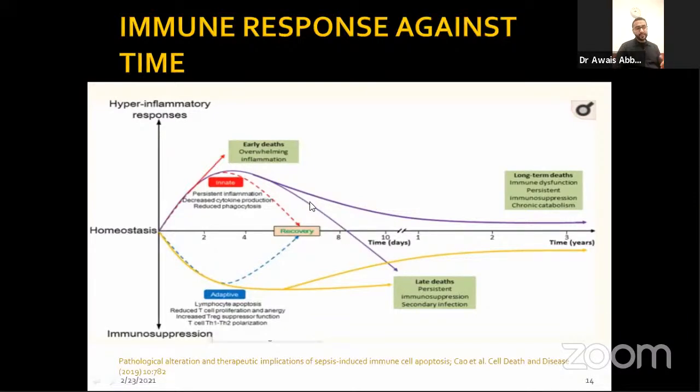And if the patient goes beyond that stage, shown by this purple line, the patient might have prolonged immunosuppression, and that can cause significant comorbidities as well as mortalities.